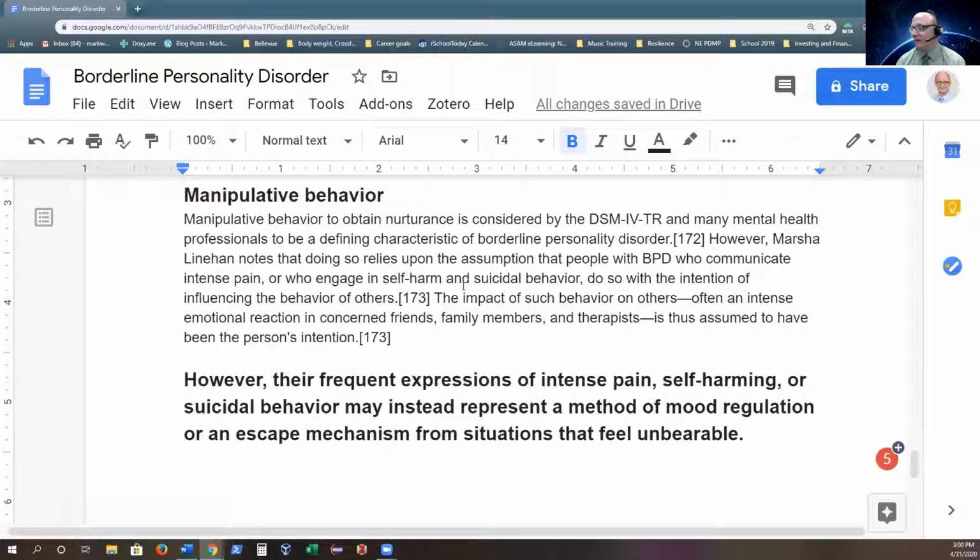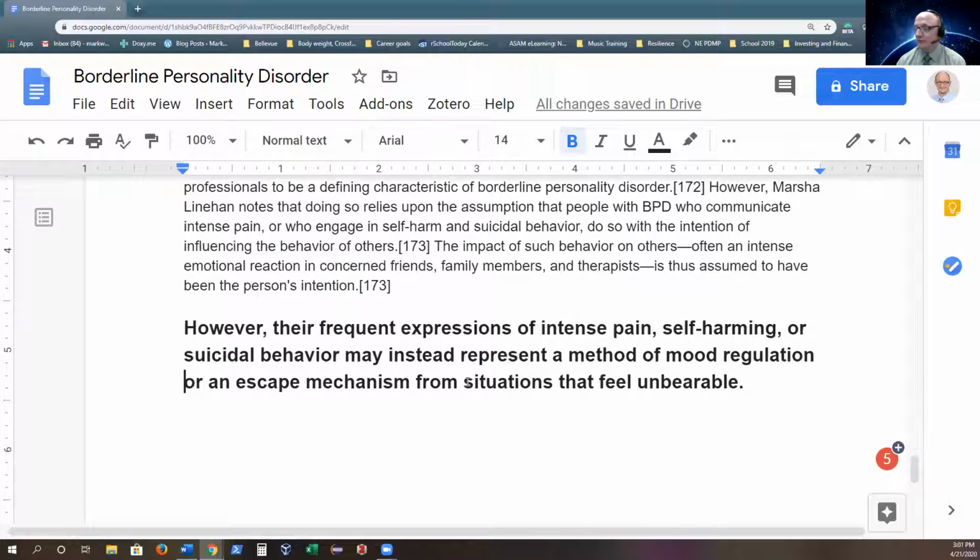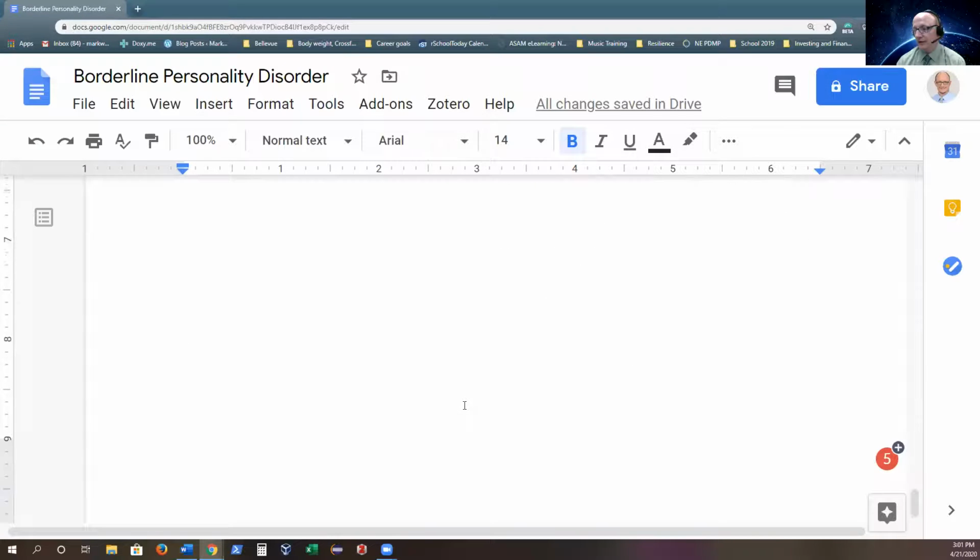What they're doing is they're communicating intense pain, and those who engage in self-harm and suicidal behavior do so because it is an expression of intense pain. Self-harming or suicidal behavior may instead represent a method of mood regulation or an escape mechanism from situations that feel unbearable. So suicide is escape from pain, severe pain.